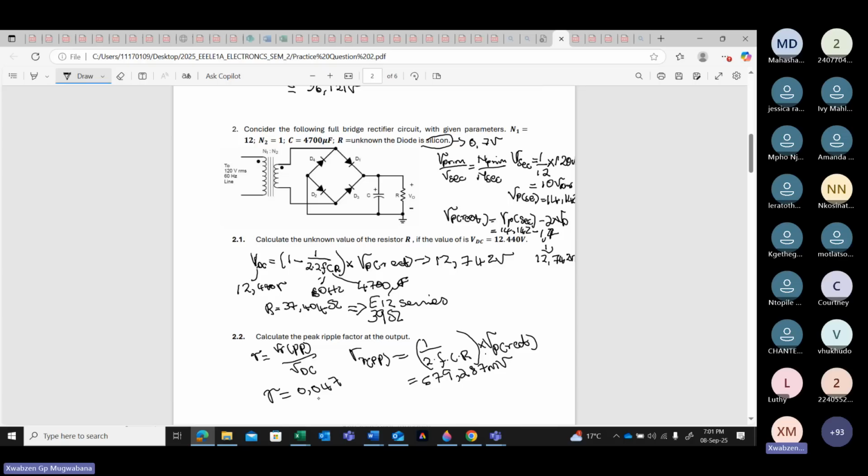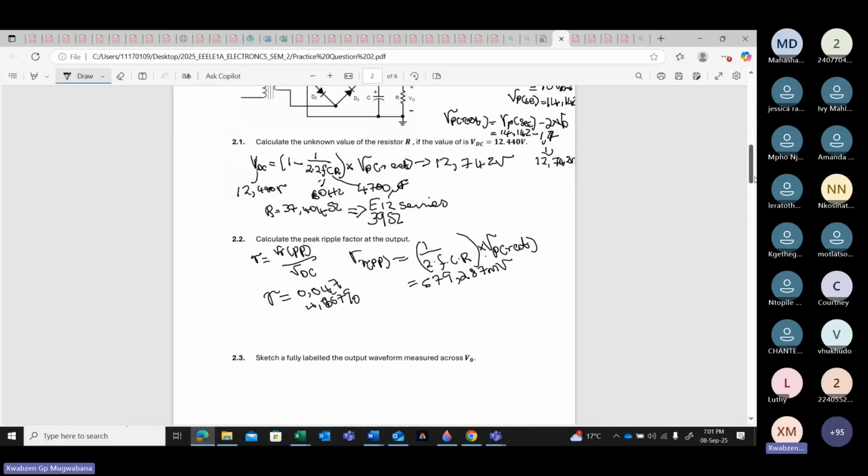Okay. And then the other one you said is 4,657%. That is your ripple factor. Either you write it in this way or you write it in percentage. It still gives me the same factor that I'm looking for. Okay. Any question so far?